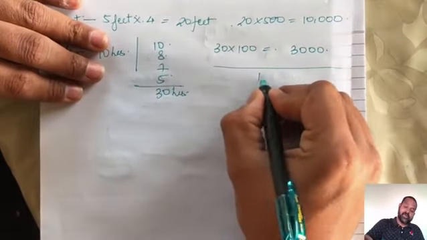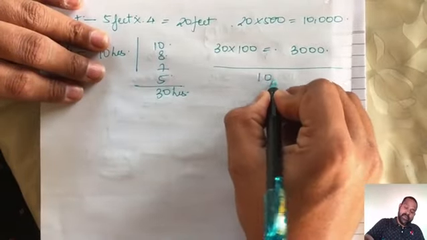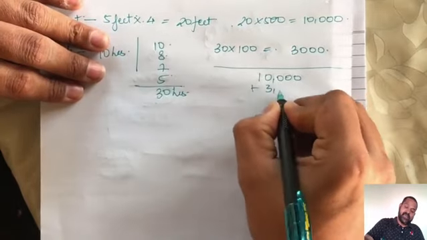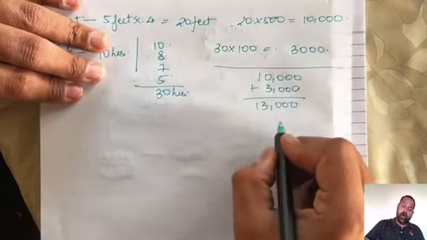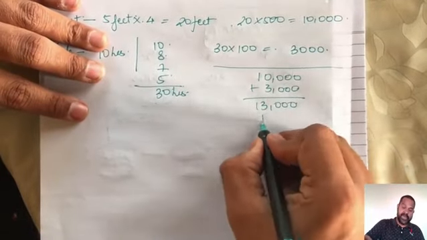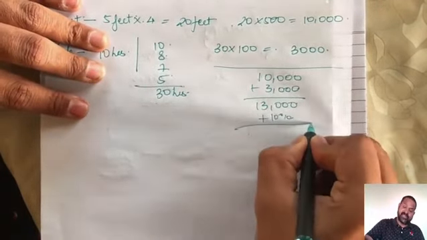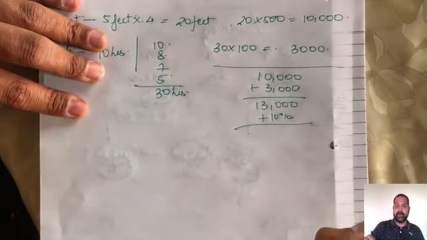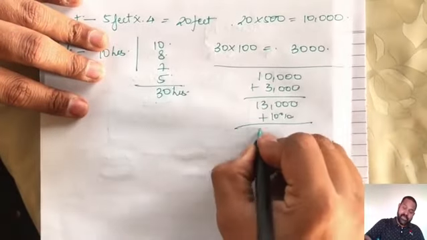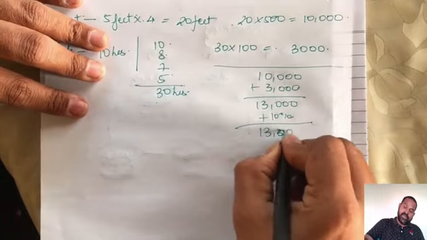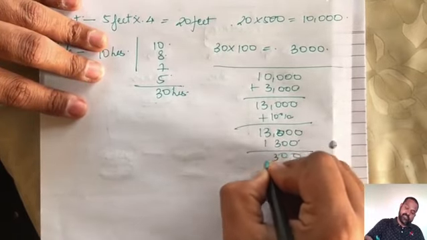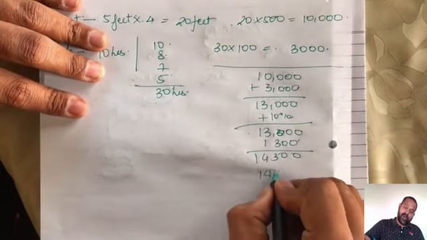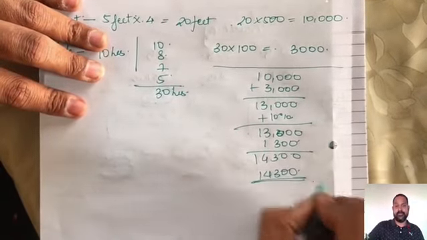The total it costs is 10,000 plus 3,000, which is 13,000. 13,000 is the cost price. This person also has a standard 10% profit policy. So on the 13,000, he is quoting a 1,300 rupee profit, which is 14,300.